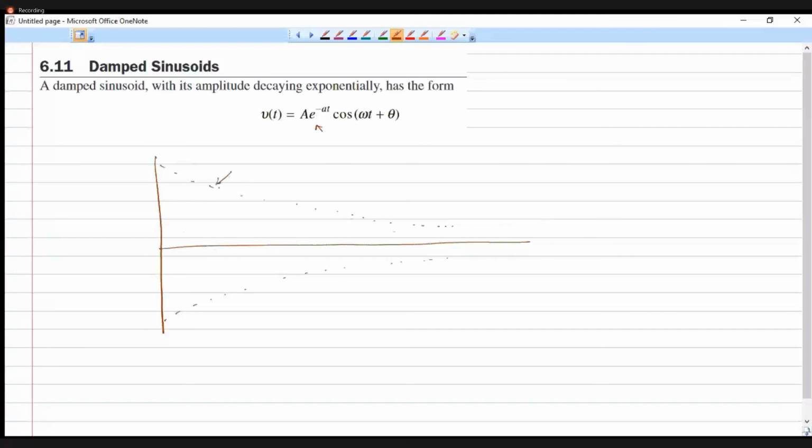The function will have a value inside an envelope as shown, which will be equal to e power minus at. So the maximum value of this function will be at v of t is equal to a. It will start at a, and since it is a cosine function, it will have a shape like this.